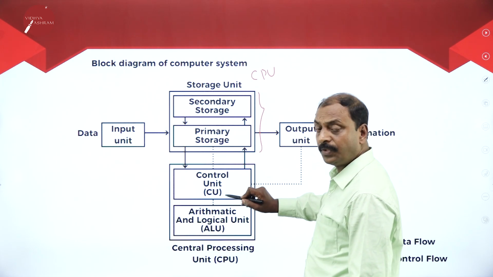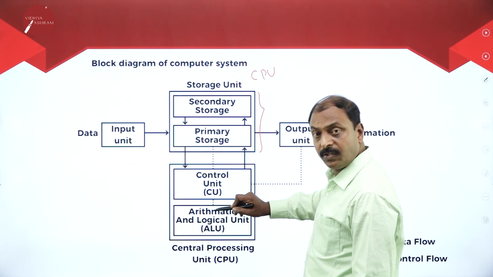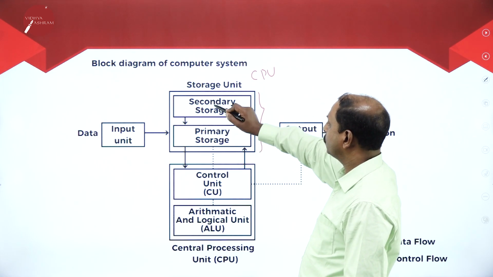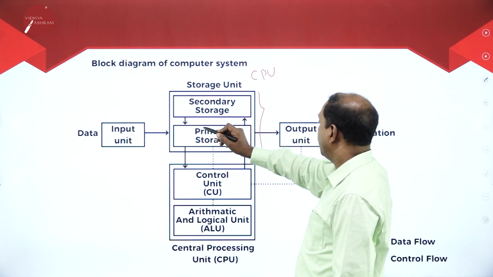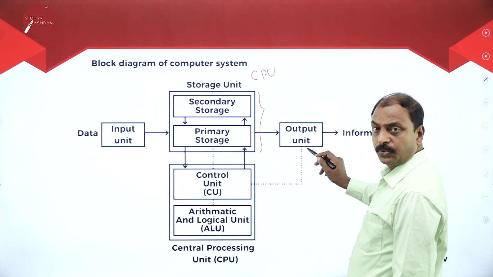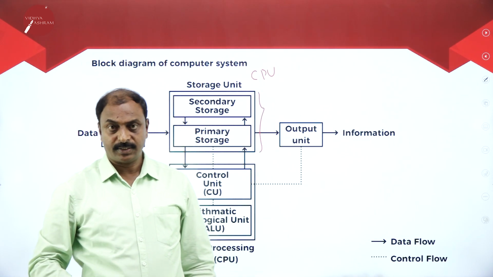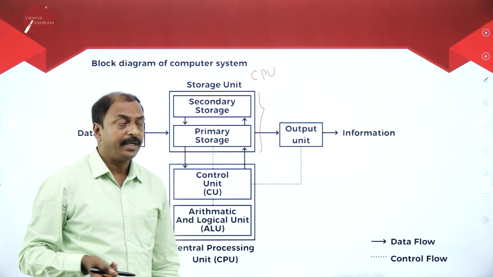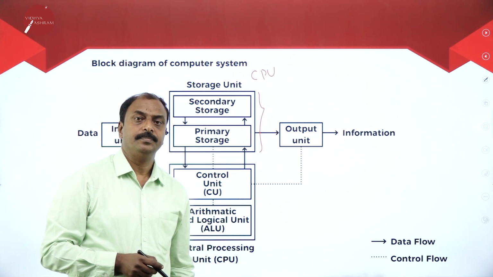Then, after calculation, the data with instructions and information moves back to the memory unit, and from the memory unit it goes to the output unit for the user. So this is how a computer works, and it can be explained with the block diagram of a computer system.